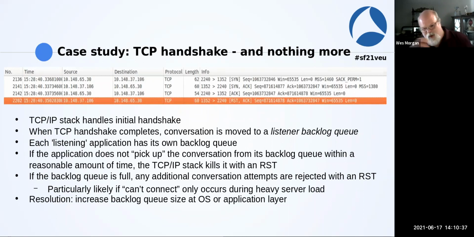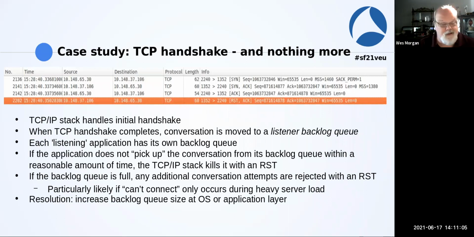Now, we've all seen cases where you can't complete the TCP handshake, right? You send a SYN packet and you never get a SYN-ACK, or you get a reset immediately when you just try to start the handshake. This one's different. The handshake completes, but then we get a reset.